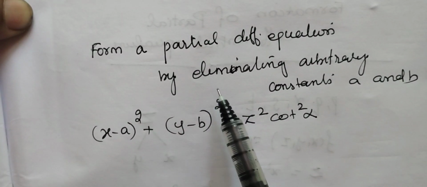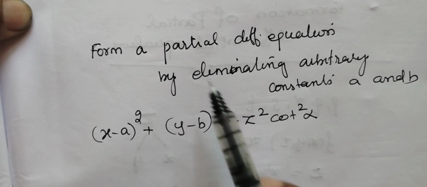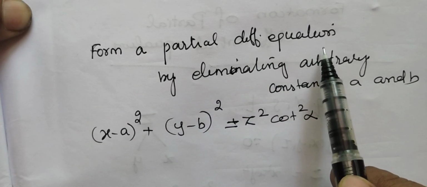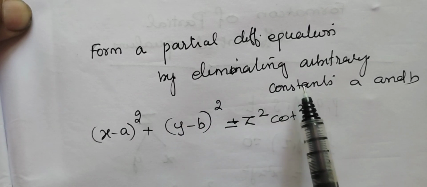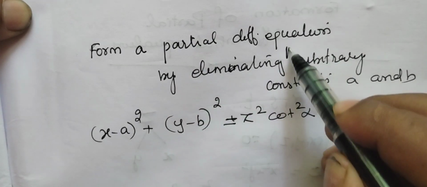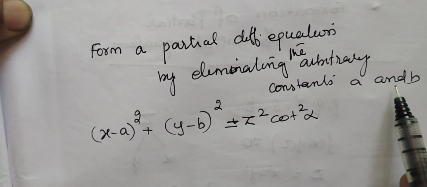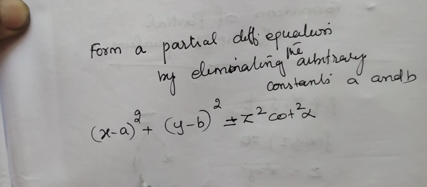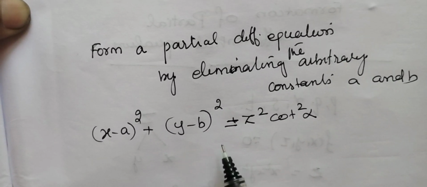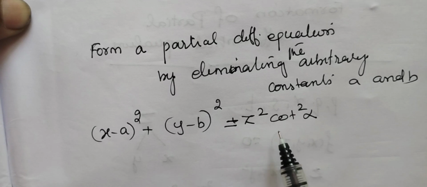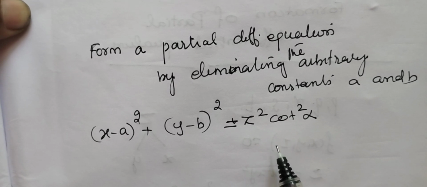Now let us see one more problem, that is form a partial differential equation by eliminating the arbitrary constants a and b from this equation: x minus a the whole square plus y minus b the whole square is equal to z square cot square alpha.